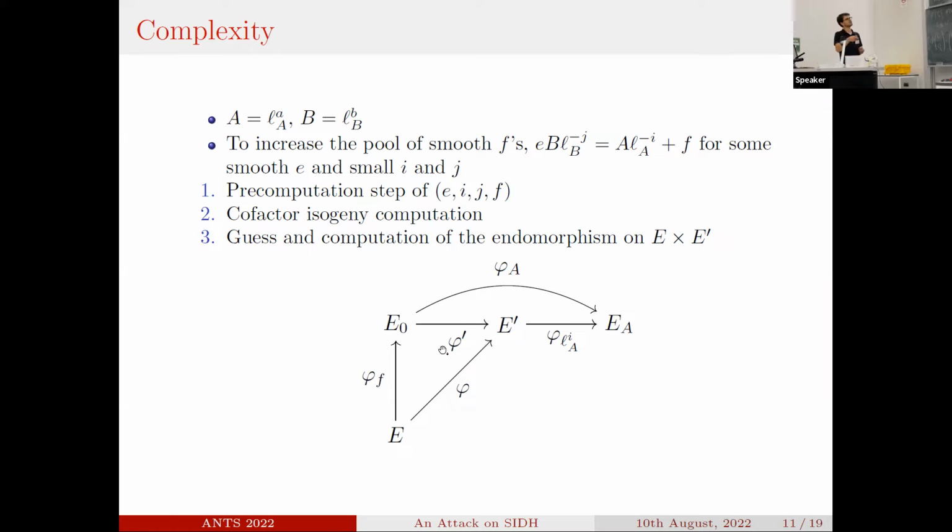In this way, we increase the probability of having a smooth F.